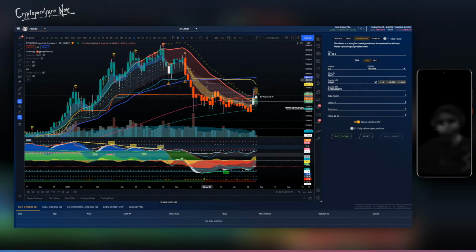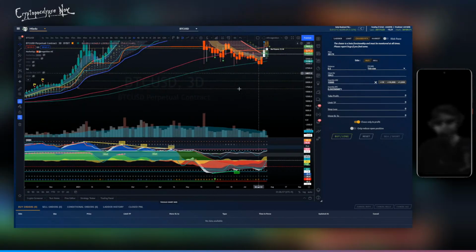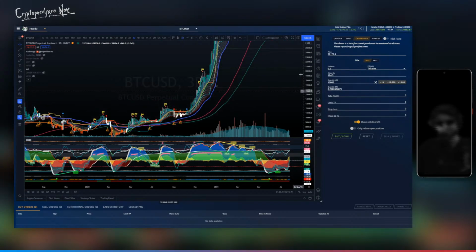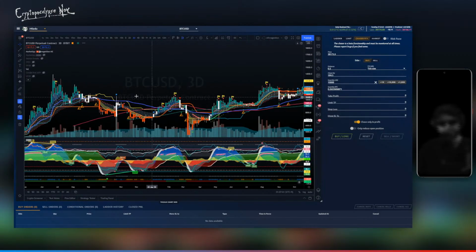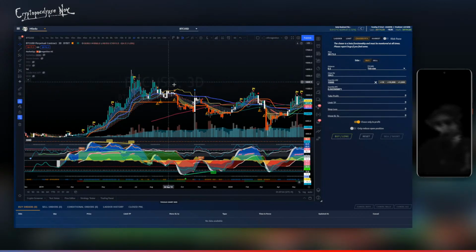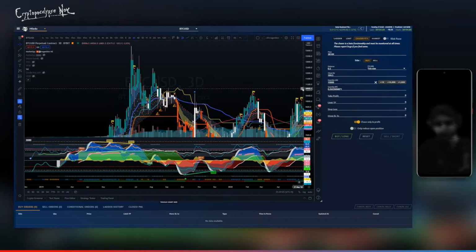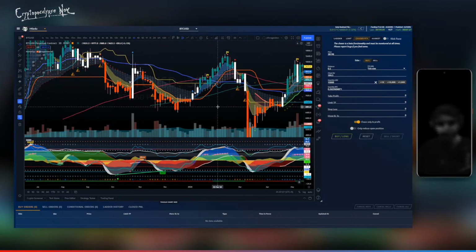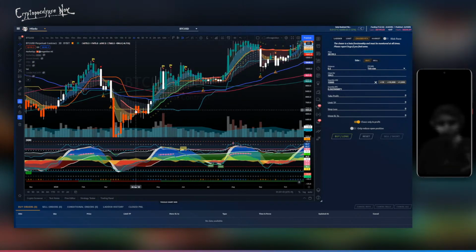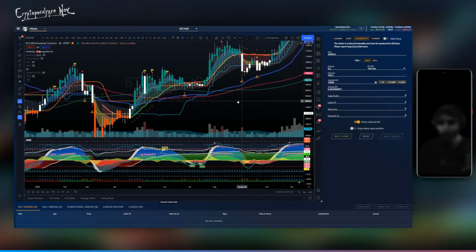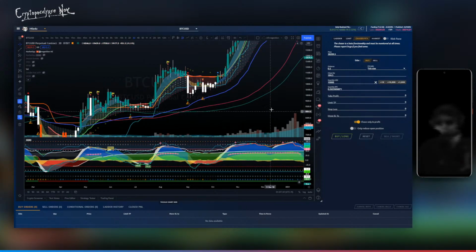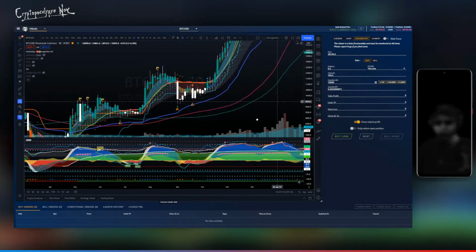But for this particular setup, let's refer back a little bit. We have a downtrend. It goes down for a while. We have a reclaim where we have one full candle that closes above it. And we have a trading opportunity there.